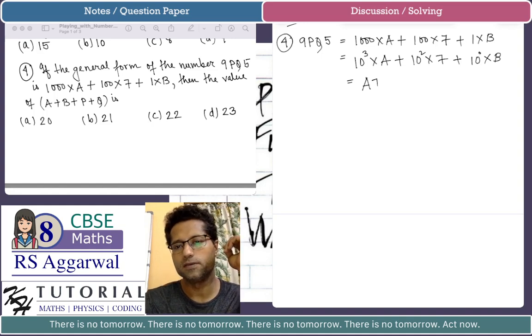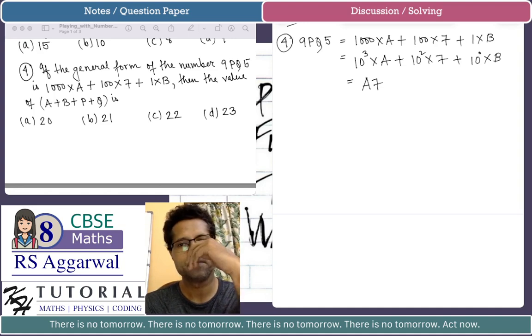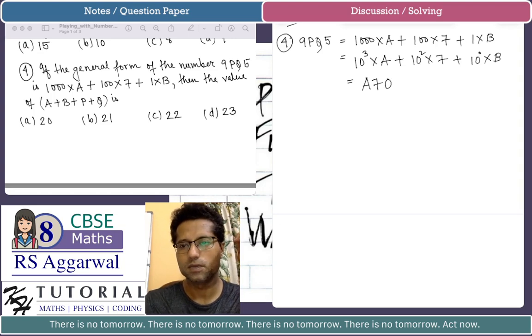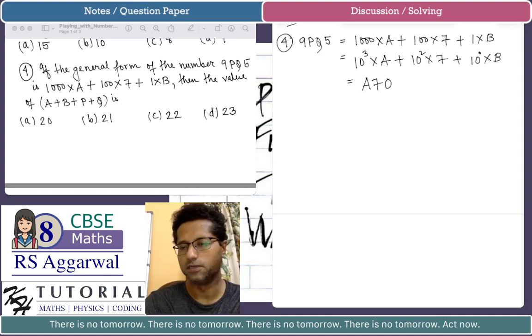So we have a 7, and there is no term having a factor of 10, so definitely the second digit from the right hand side has to be 0. And we have 10 to the power 0 multiplied by B, which means that the digit B is the first digit from the right hand side. So according to the general form, the 4-digit number should be A70B, but it is given that the 4-digit number is 9pq5.